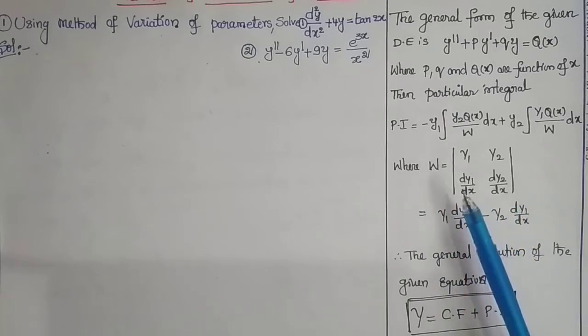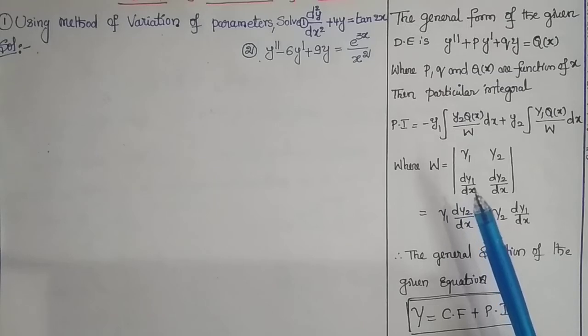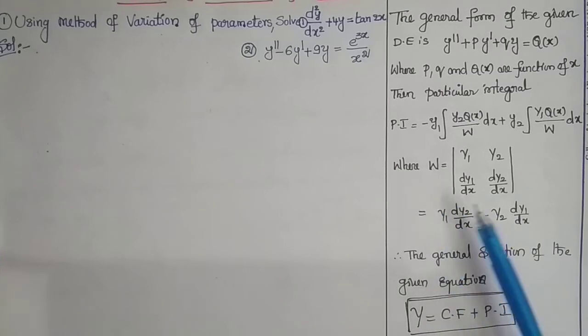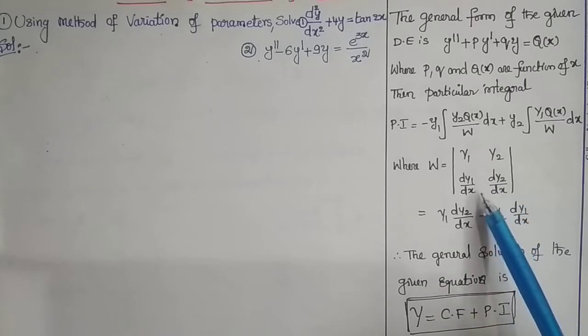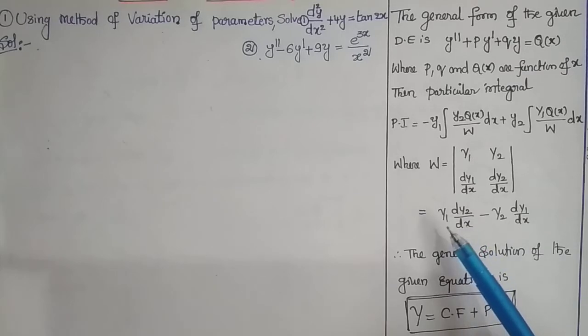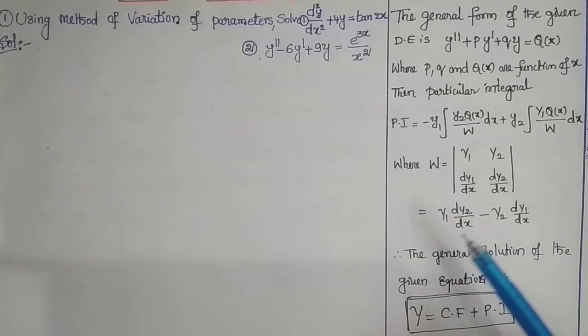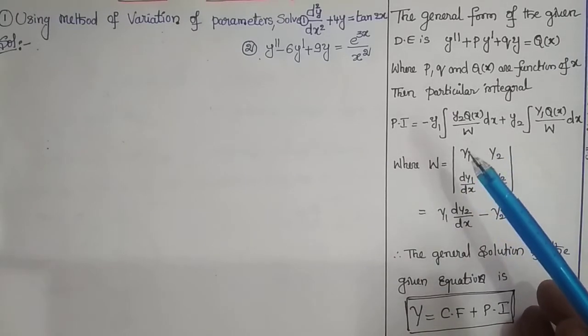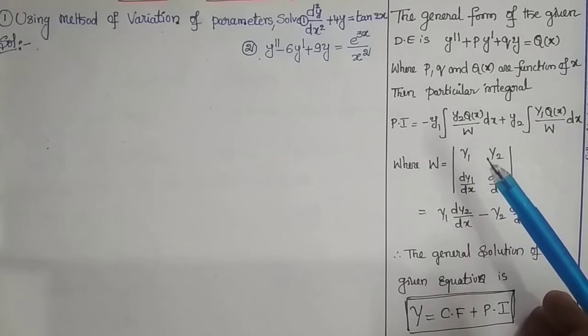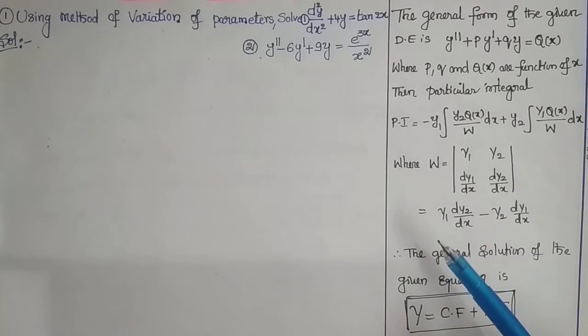It is in the form of the determinant of a, b, c, d, so the formula is ad minus bc. So y1 into dy2 by dx minus y2 into dy1 by dx. After getting W, we substitute in the particular integral and evaluate the respective integrals. Finally we get the particular integral.